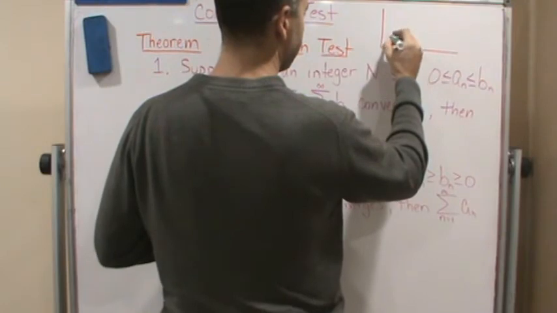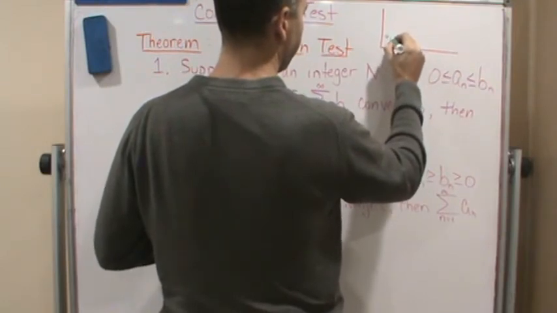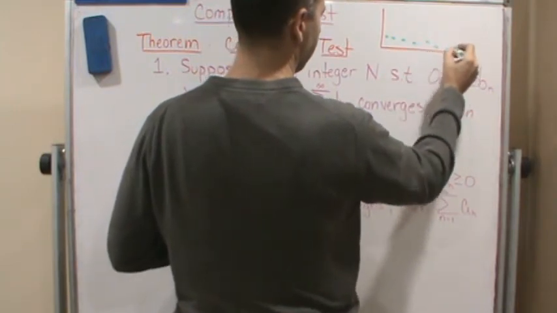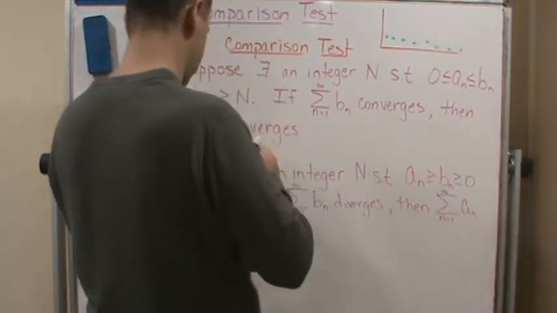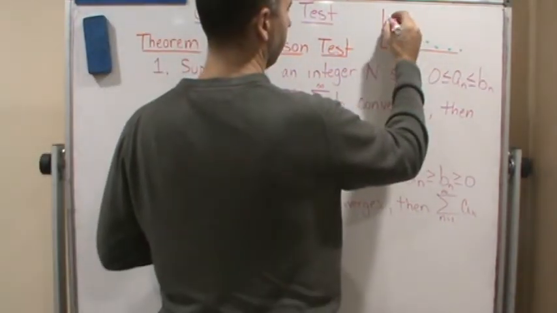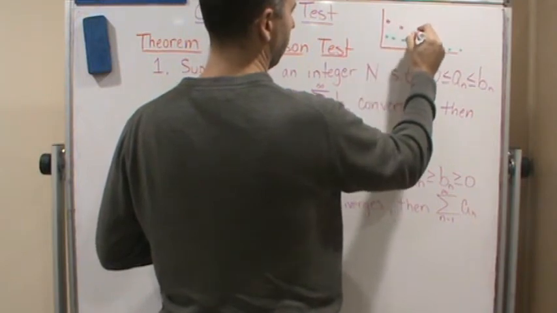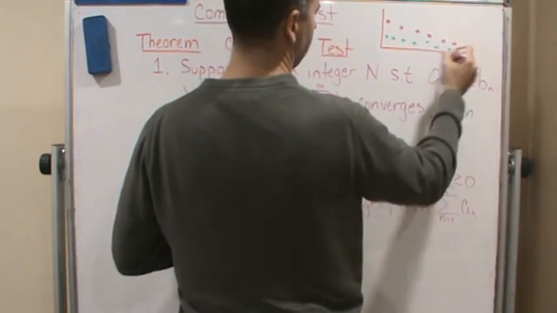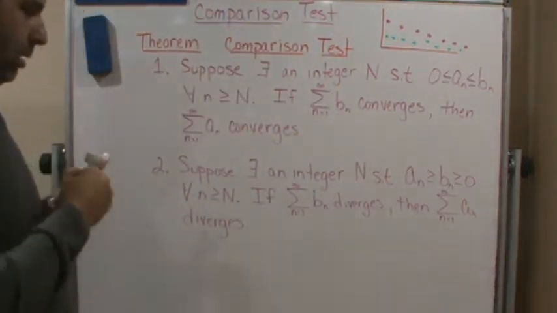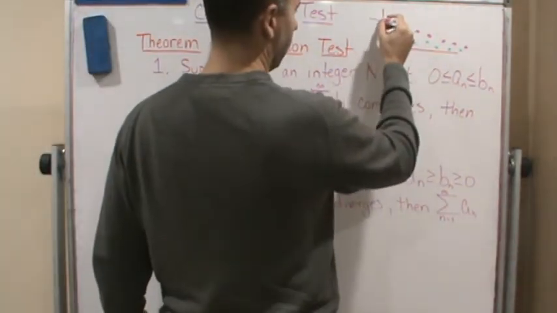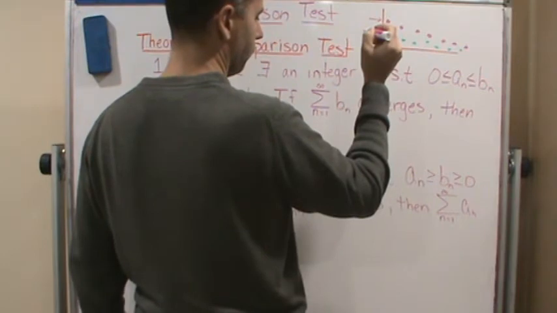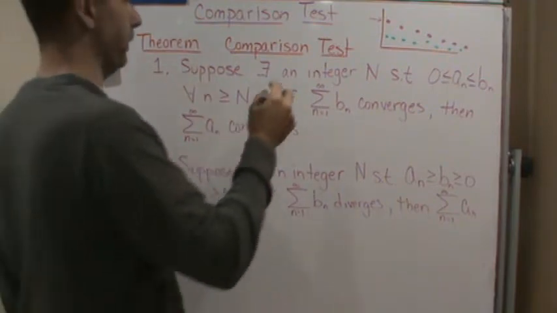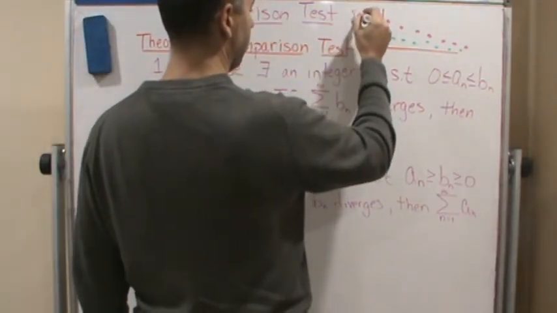So if I have something like this, here are the partial sums for b sub n. These are the partial sums for b sub n.